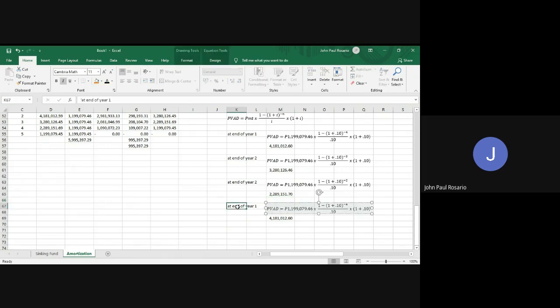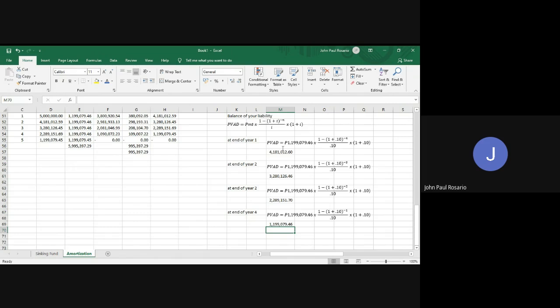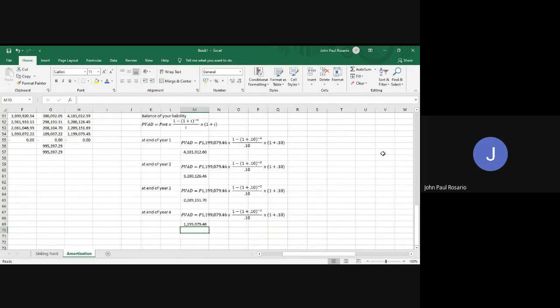Last, but at the end of year 4, meaning isa na lang katuig ang nabilin. Same with here, so minus 1 na lang. 1,199,079.46. Okay.